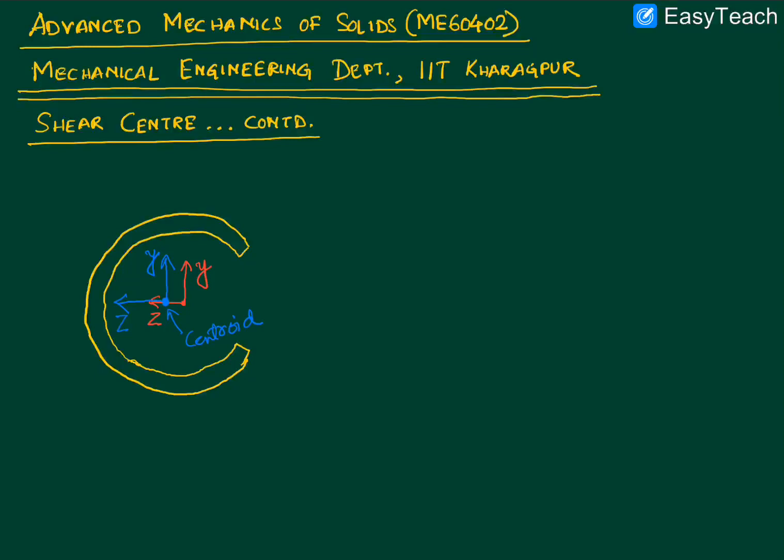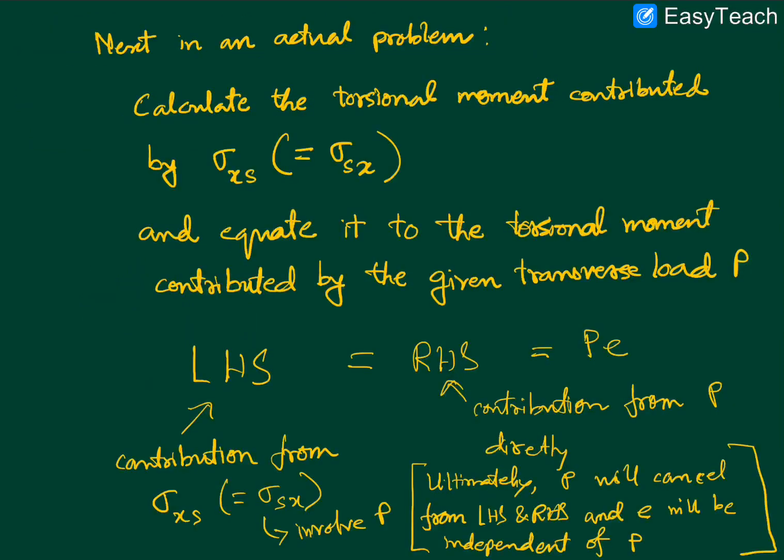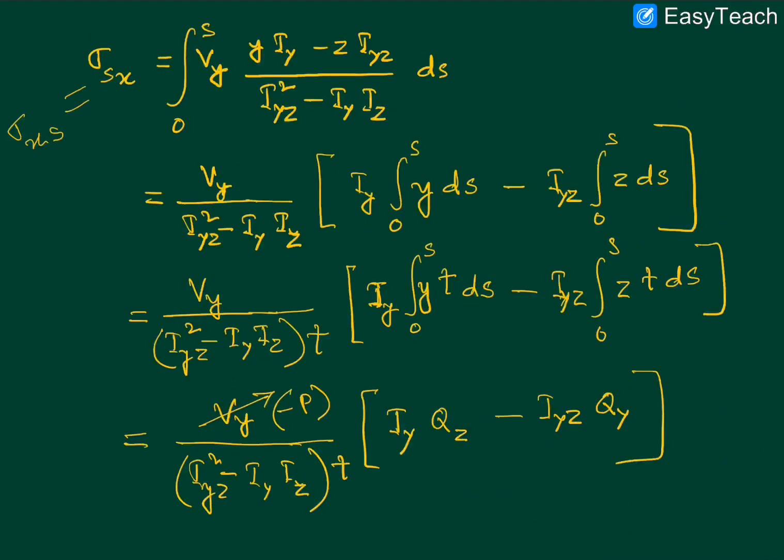So if I write down the expression for the shear stress, I can just look back at the previous lecture notes, and you see this is the one that I am interested in. So this is the entire expression, and you note that it does include this externally applied transverse load P. So we'll just write this down.